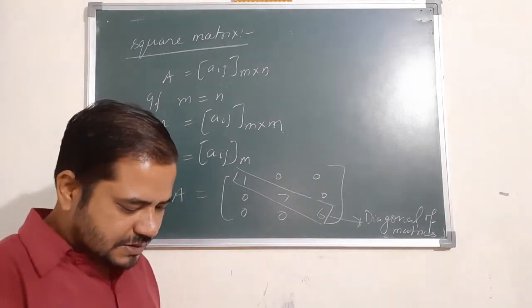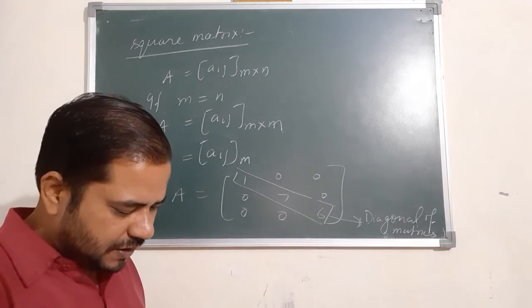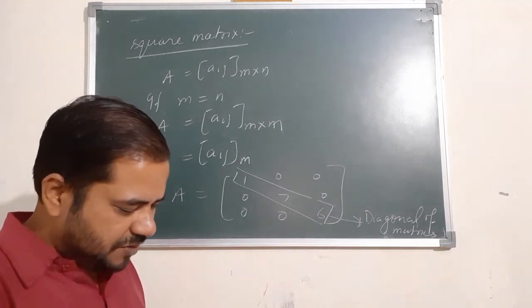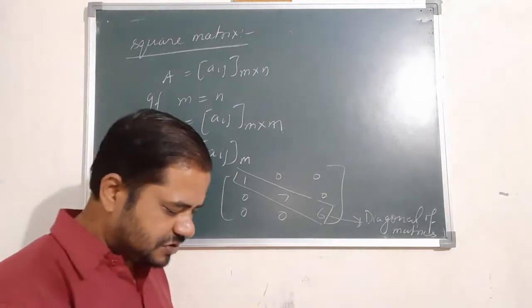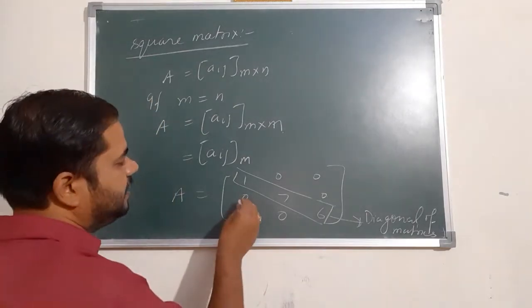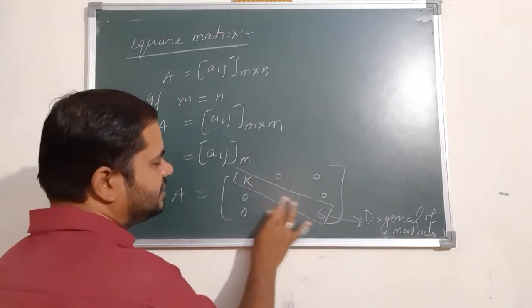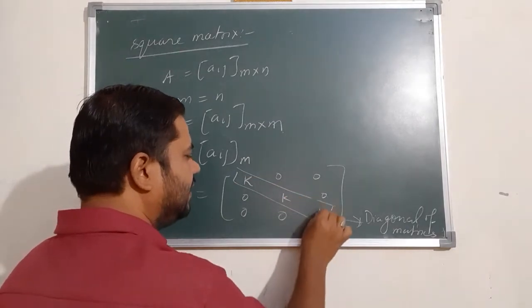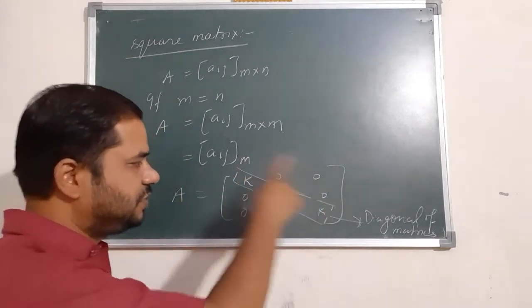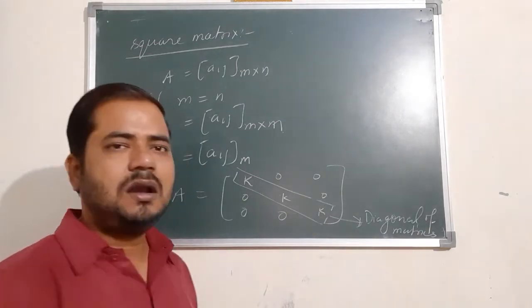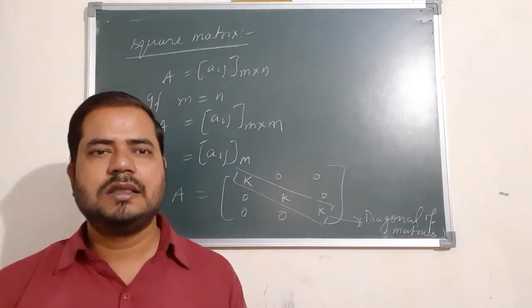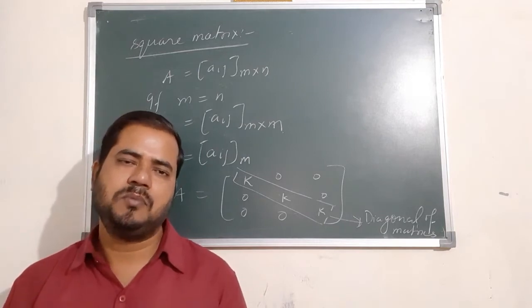A matrix is said to be a scalar matrix if the diagonal elements are equal, where i is equal to j. Okay, if suppose this is k, this is k, this is k, this particular matrix is known as a scalar matrix. That means all the diagonal elements are the same in a matrix.